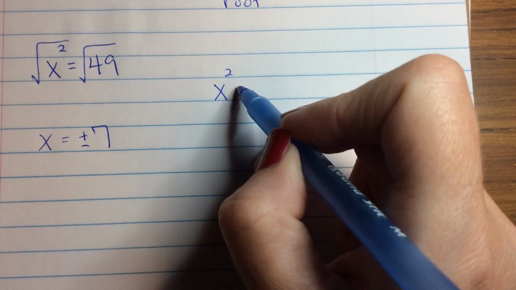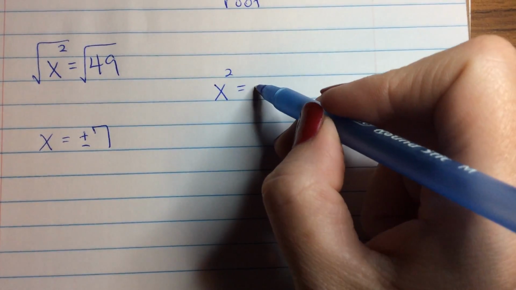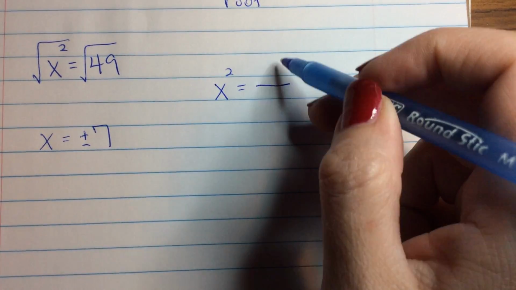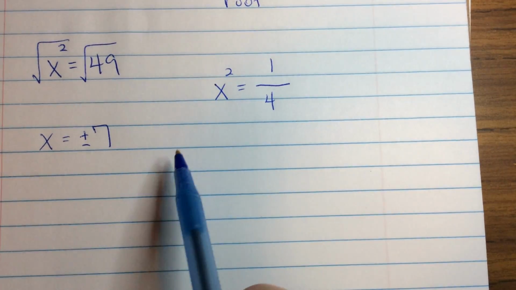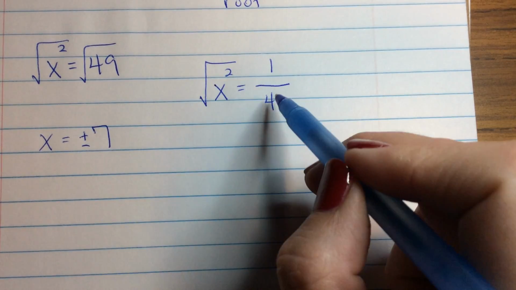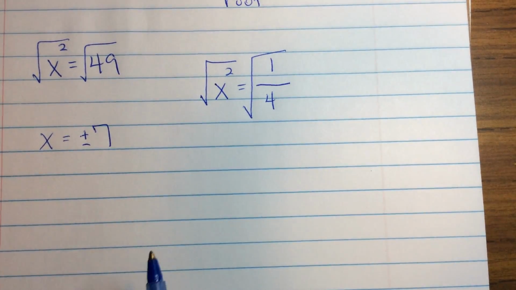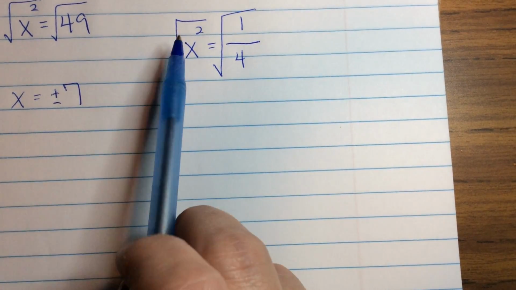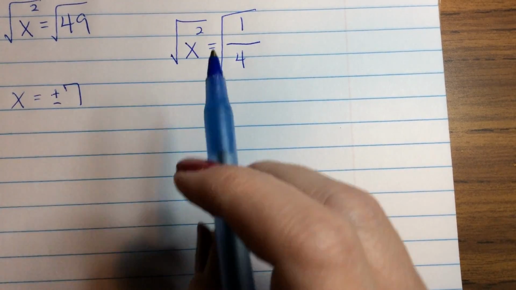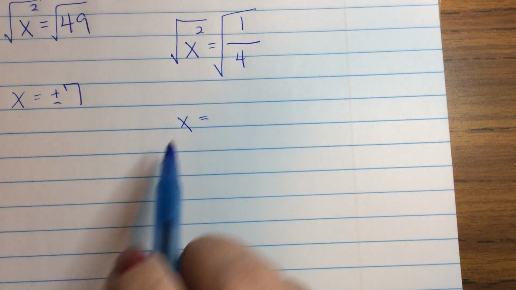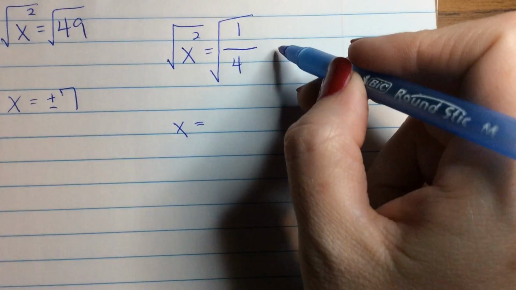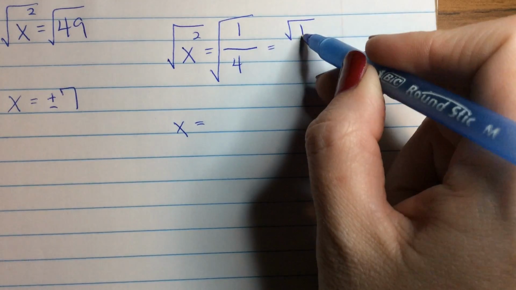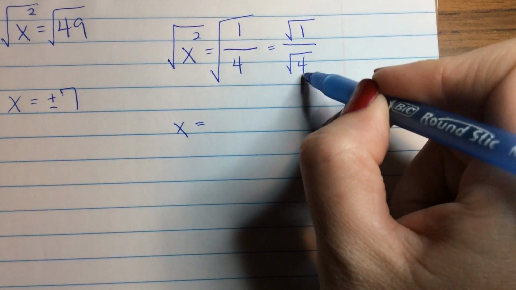Sometimes they'll give you fractions, but each of them are separately a perfect square. For example, x squared equals 1/4. We're still going to take the square root of each side. This square root will undo that square, and we're still going to get x equals. But when we do this part, we have to break it up into two separate questions.